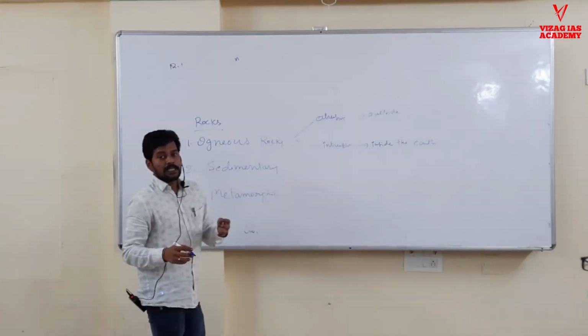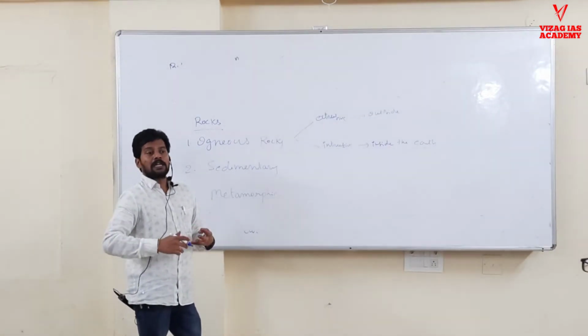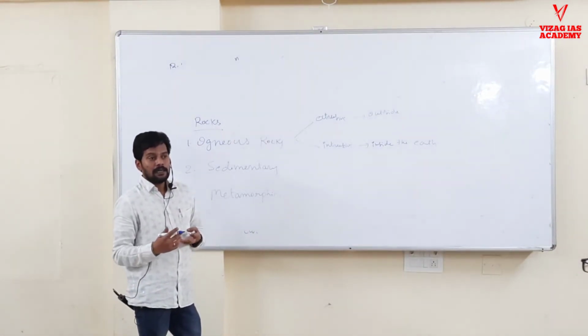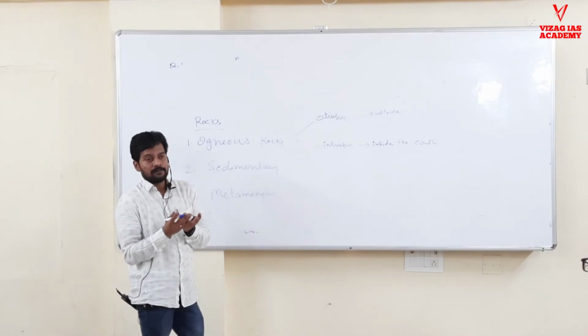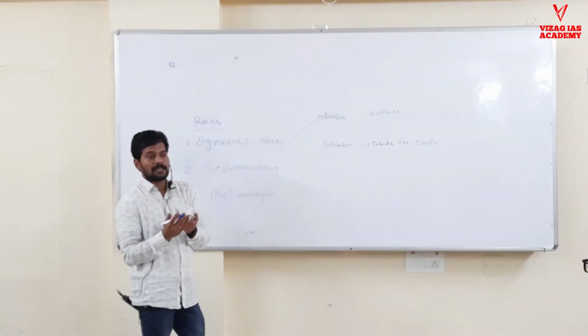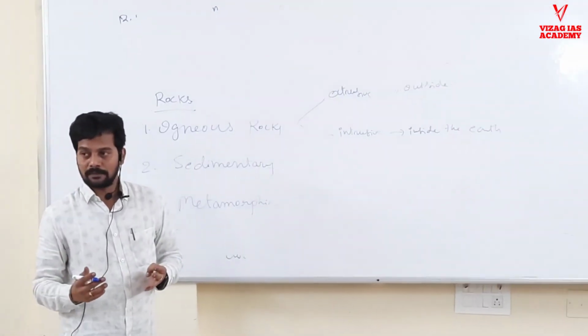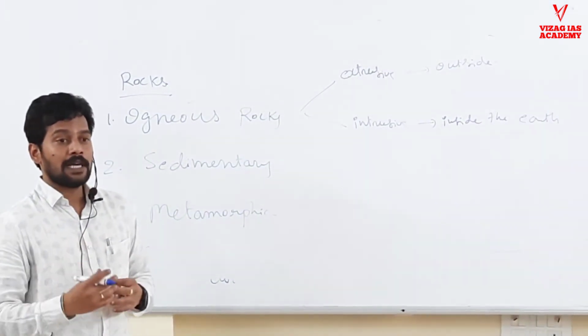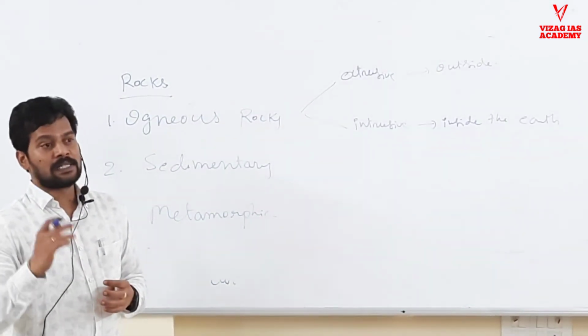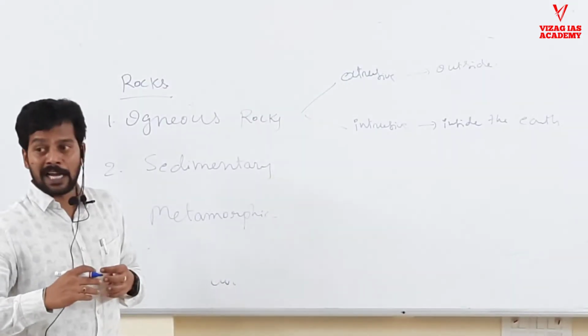If magma, which is a liquid, takes a lot of time to cool, the arrangement of these minerals, that crystallization, will take time to form. When more time is there, more crystals will be there, because you have given sufficient time to form crystals.